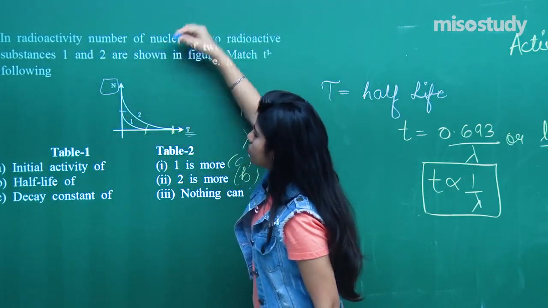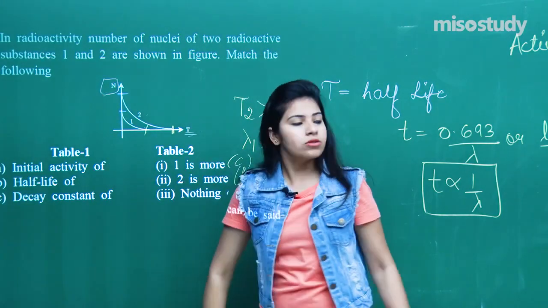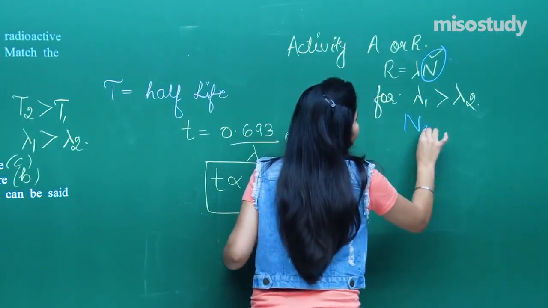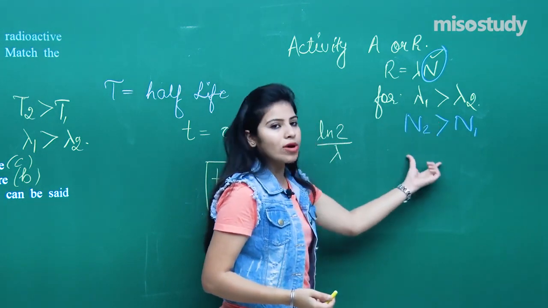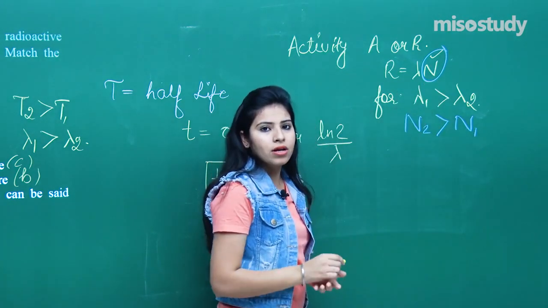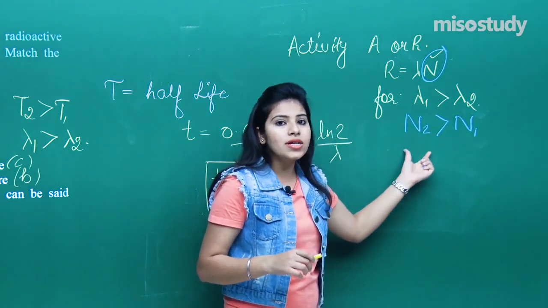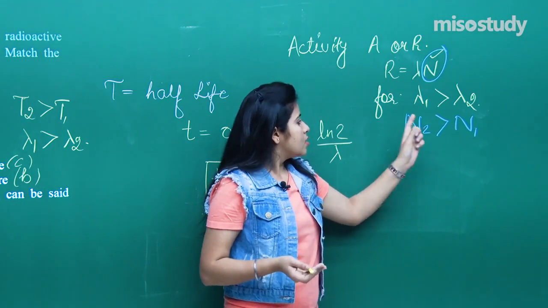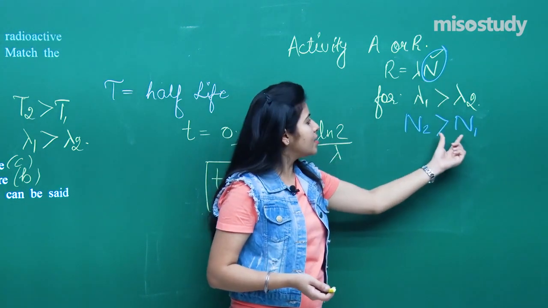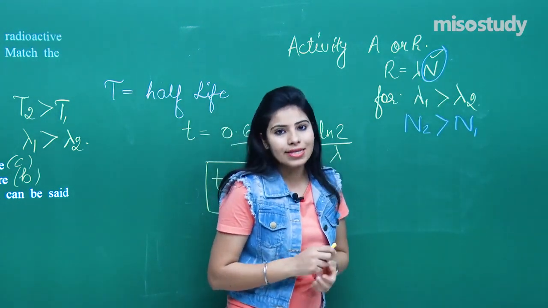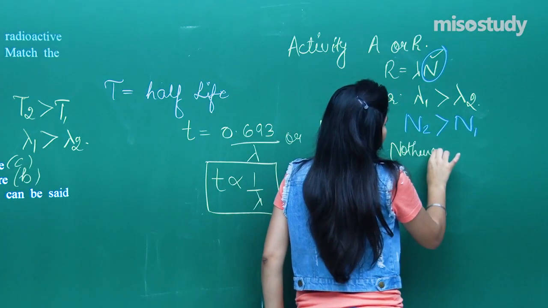This is N for 1, this is N for 2. So we write N2 is greater than N1. Now if you put both of these into R equals lambda N, first you see that lambda 1 is greater. Secondly you see that N2 is greater. So there is a confusion: one thing is greater in one, the second thing is greater in the other. So nothing can be said for this. So we will say that nothing can be said for the initial activity.